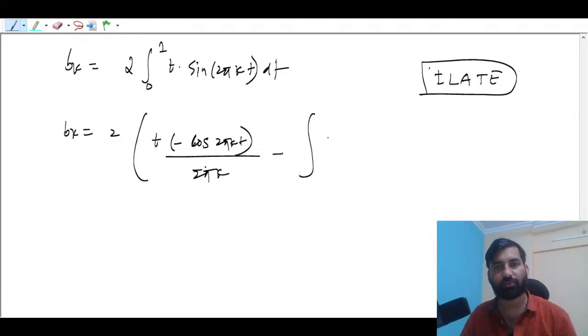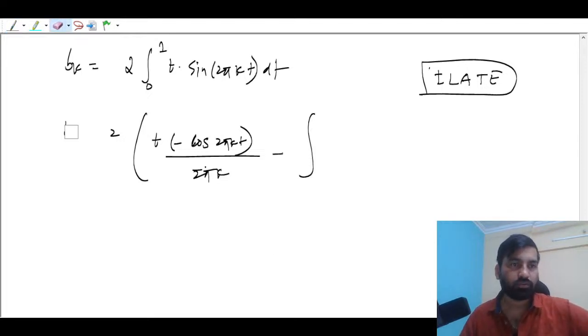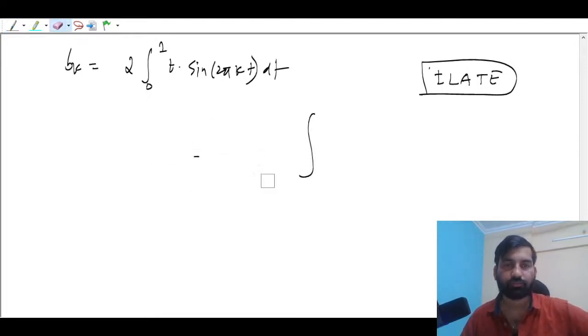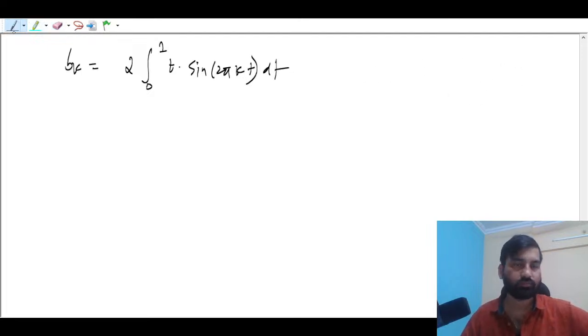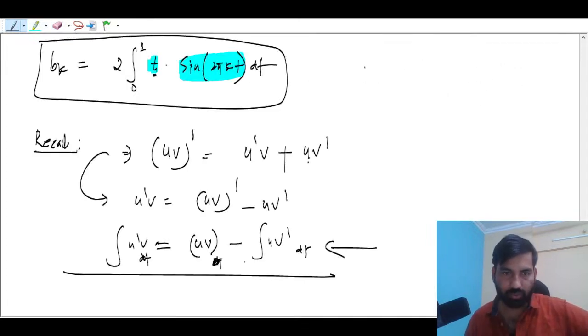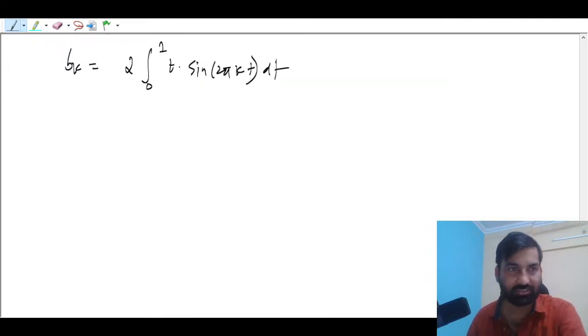So let me directly write. There is a formula for this. You just have to integrate this. Integration is the only challenge here. Sometimes I also find it challenging, but it's fine.